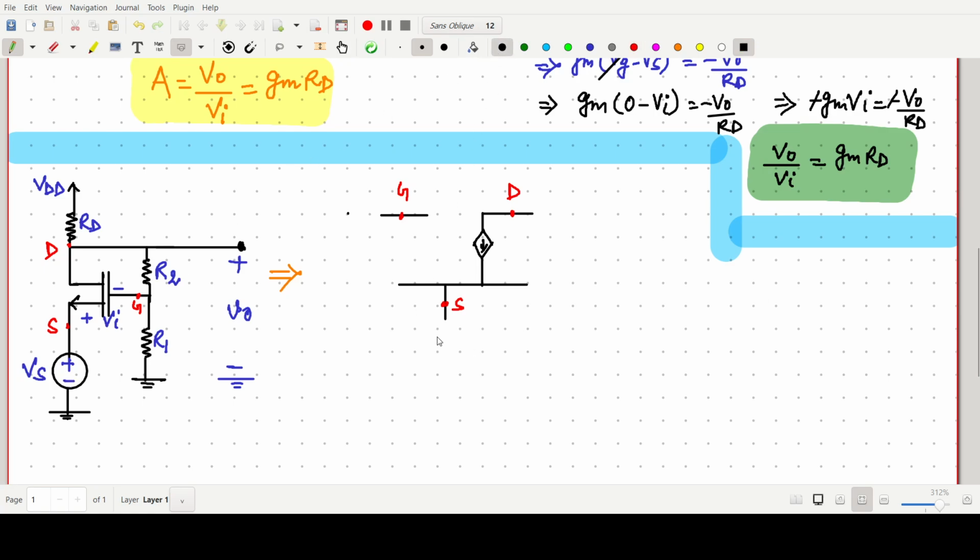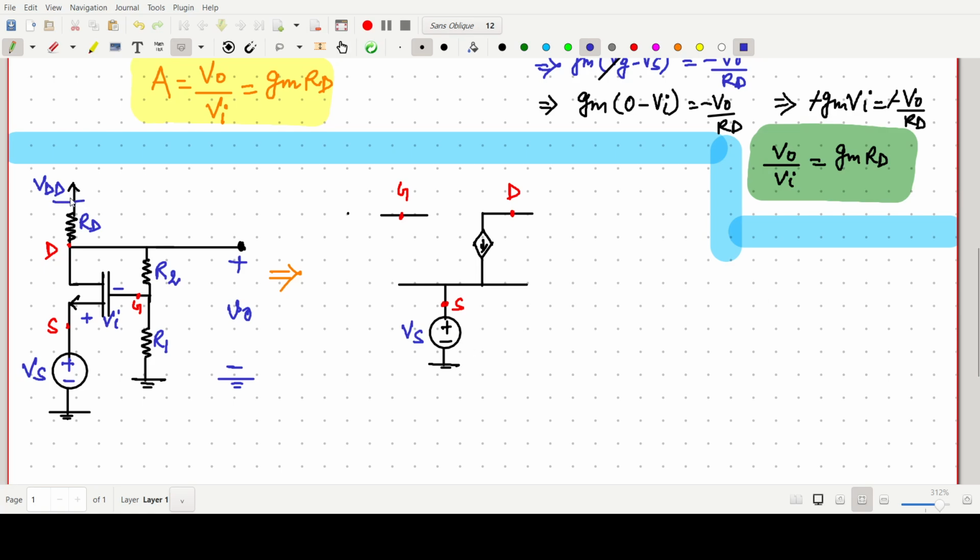Now there is some Vs, so what we can do is draw plus and minus, and this one is our Vs. I'm making it blue color. Now see, for the AC model, VDD will be grounded.